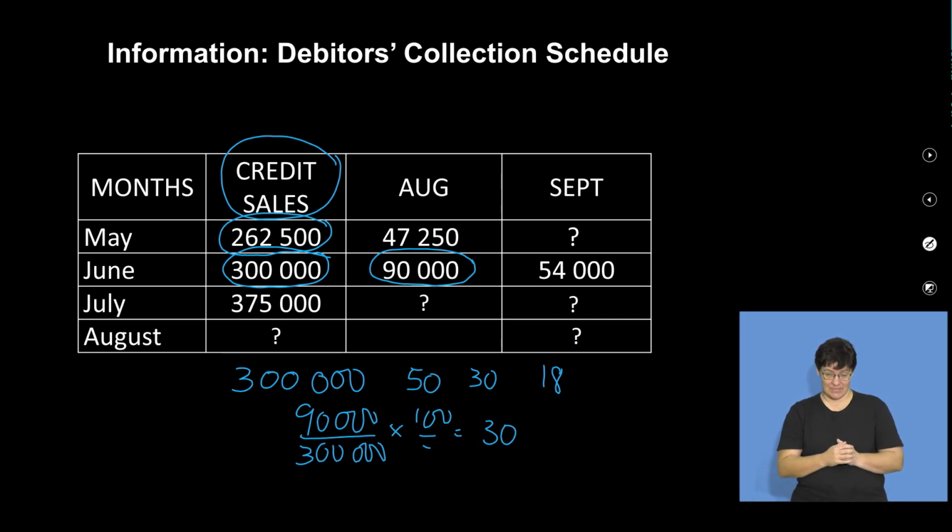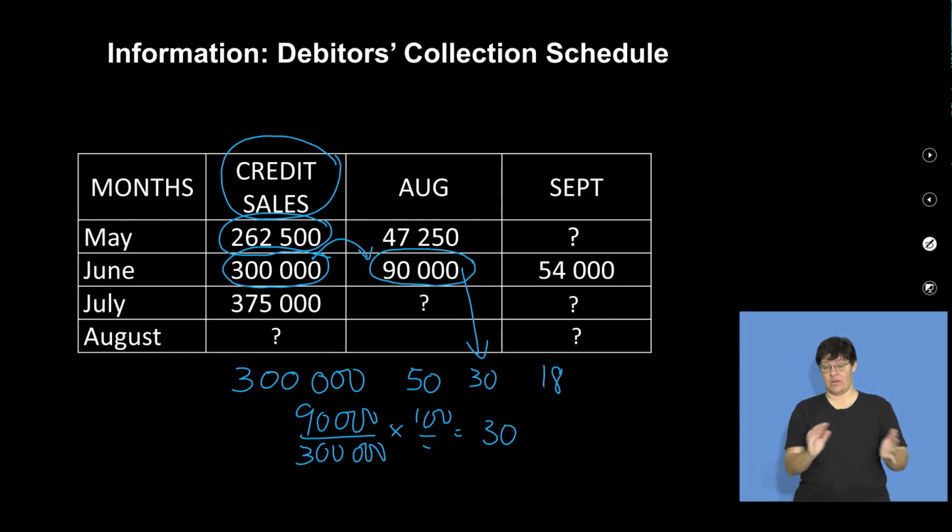In other words, you can clearly now see what your trend is in terms of your calculations. Once again, 50% in the month after the month of sale. So the first month was the 50%, which we would have received in July. But in August, we're receiving the 30%, and I showed you how we calculated the 30%, right?